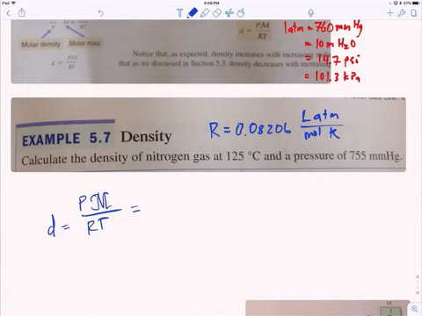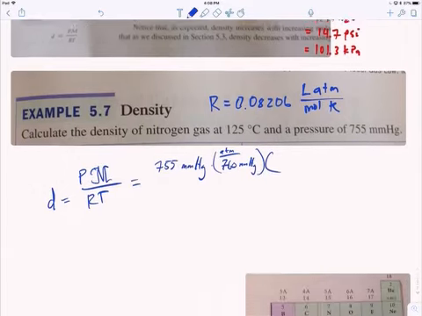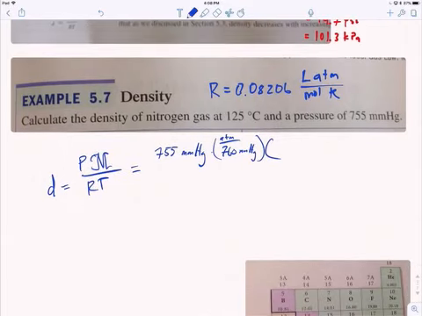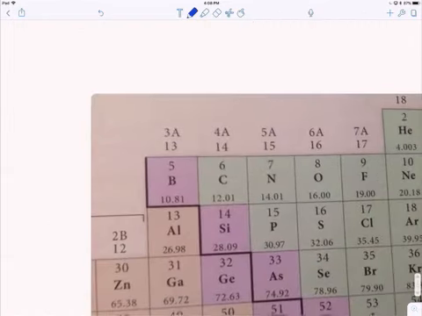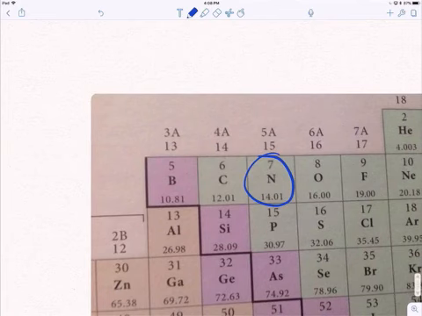So our pressure then, 755 millimeters of mercury. We have to convert this to atmospheres. So one atmosphere over 760 millimeters of mercury. Molecular weight, so nitrogen is 28 grams per mole. I'm getting the 28 grams per mole just by taking 14 times 2.